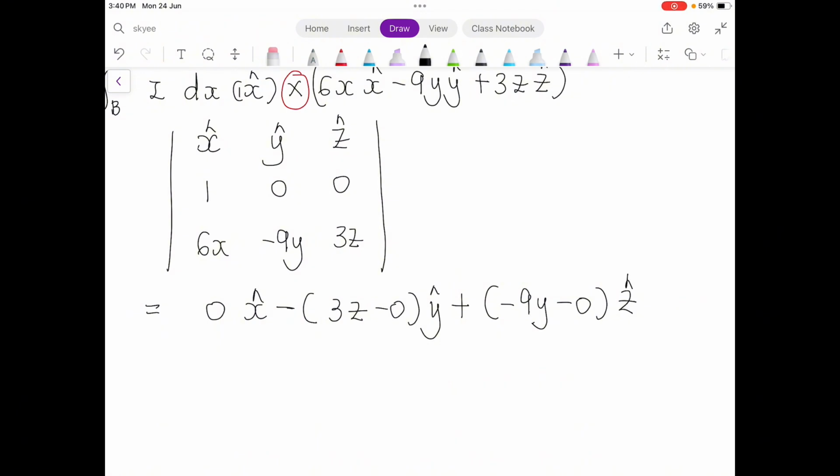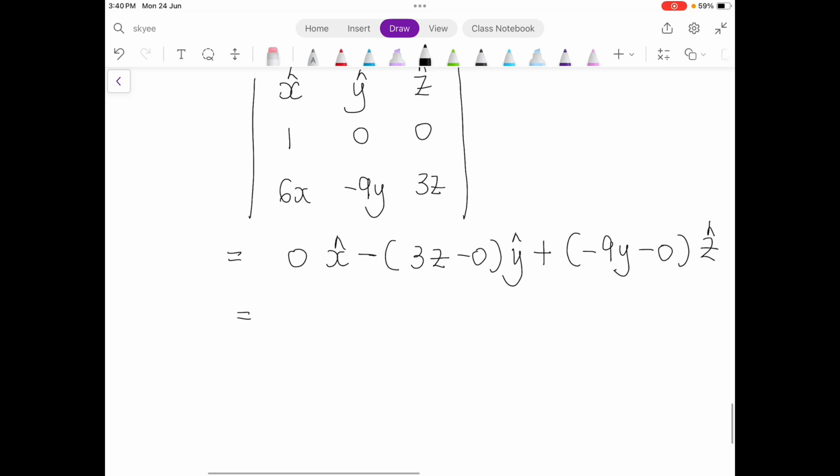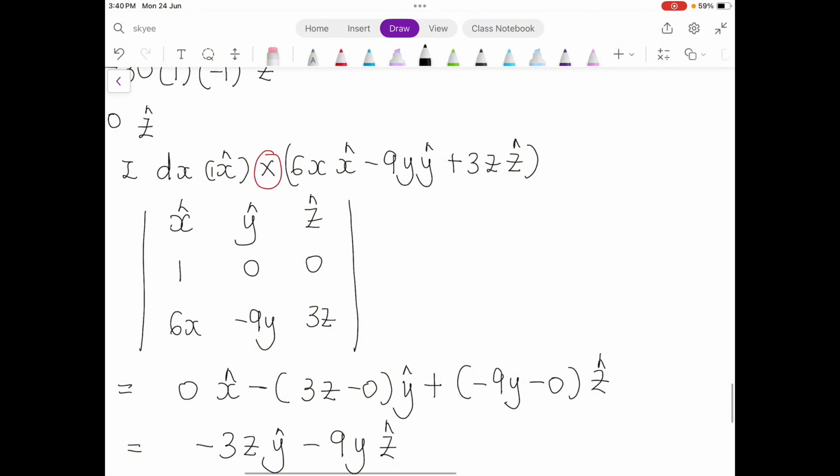So this is what you get: negative 3zy minus 9yz.